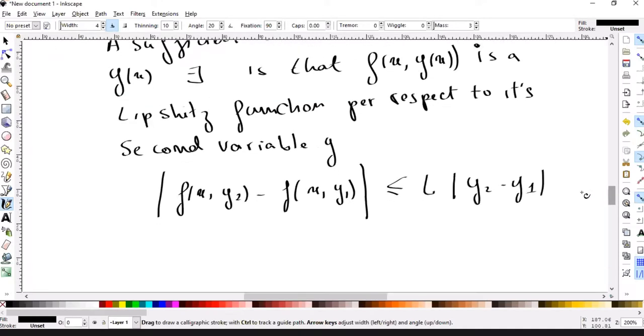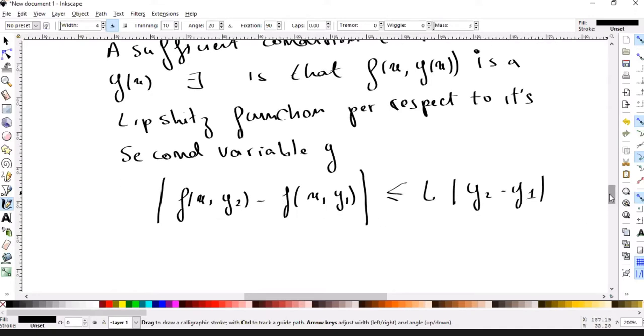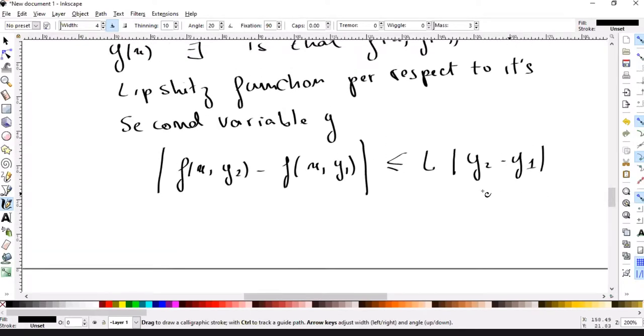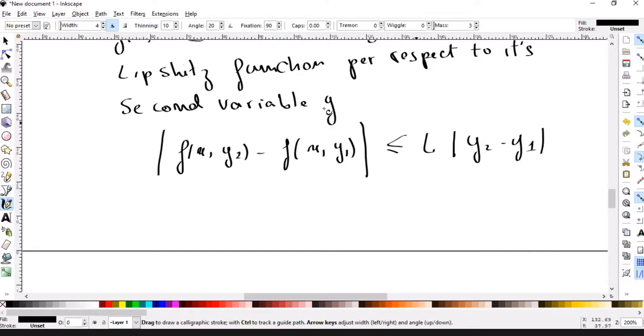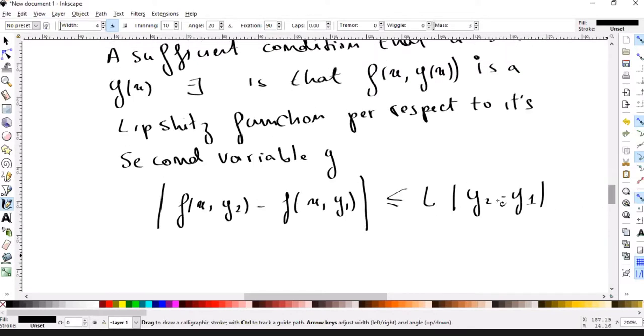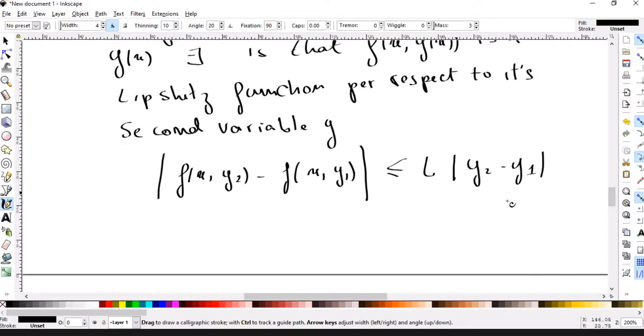A Lipschitz function with respect to its second variable y. We saw what a Lipschitz function is when we defined the contraction. We said that g is a Lipschitz function where |g of x2 minus g of x1| is inferior to L times |x2 minus x1|, where L was inferior to 1 for a contraction. But a Lipschitz function in general has a constant L that may not be inferior to 1.